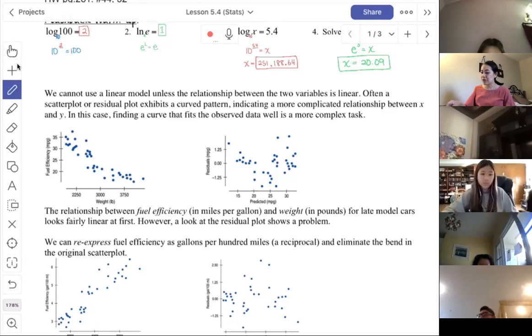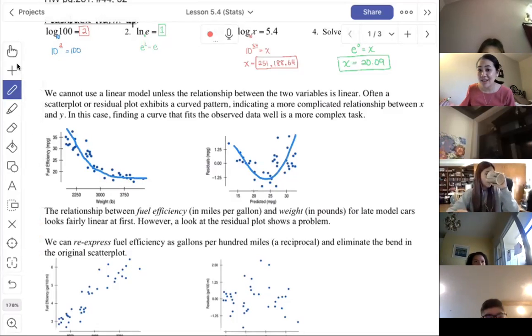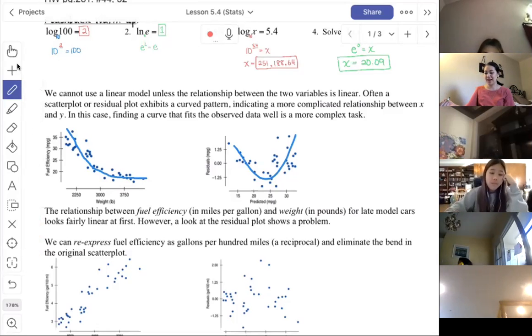You might get something like this, with a residual plot that shows that pattern. So we should not use the LSRL on a situation like this. It's not a good idea.